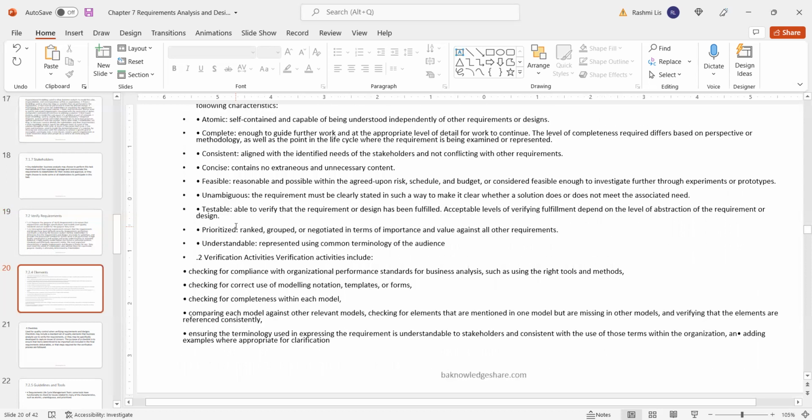She also checks for compliance with organizational performance standards. She checks for correct use of modeling notation. She checks for completeness within each model. She compares each model with the others, and she ensures that terminology used in expressing the requirement is understandable.